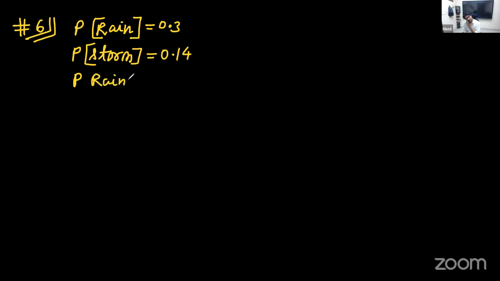Probability that it will rain today is 0.3, and probability that it will storm today is 0.14, and probability that it will rain with storm is only 5%.